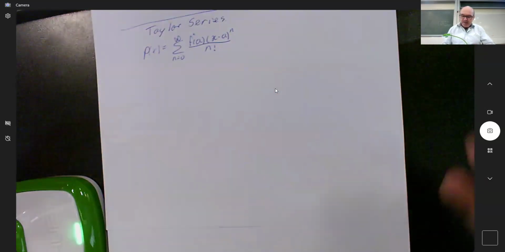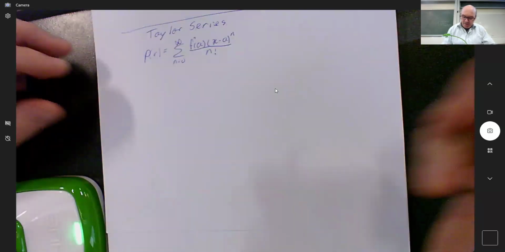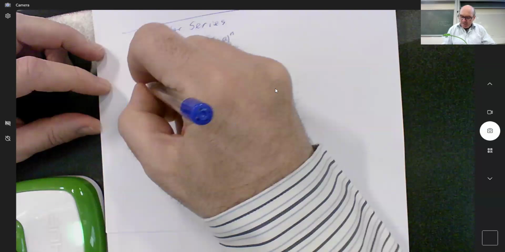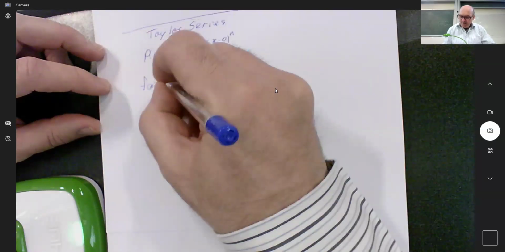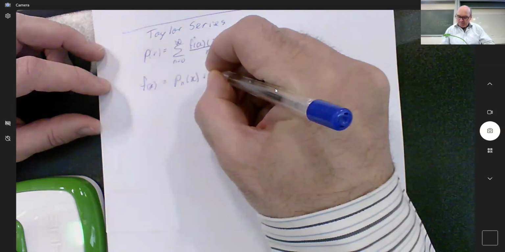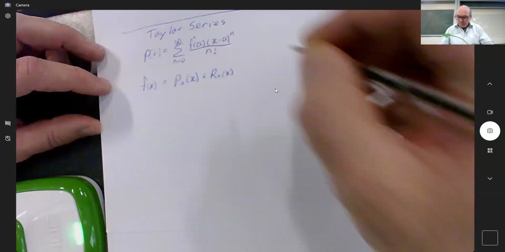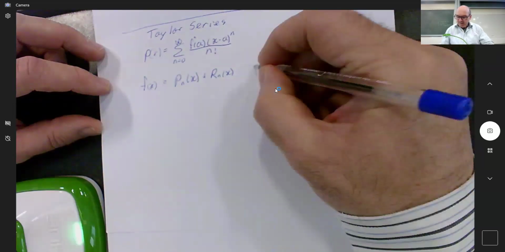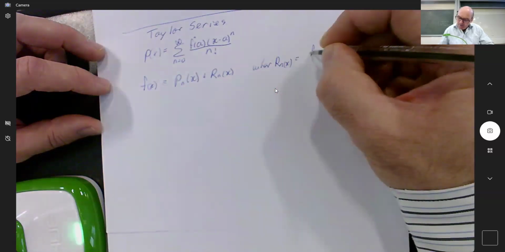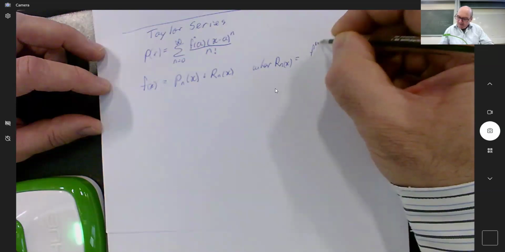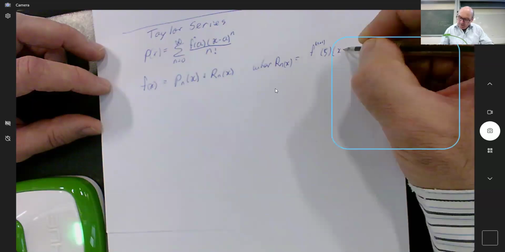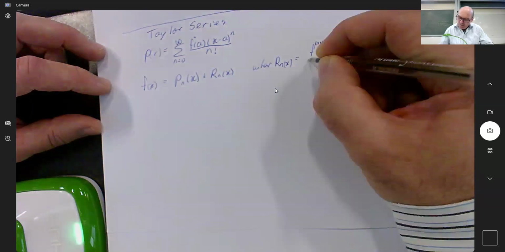And Taylor actually showed that f of x is equal to Pn of x plus Rn of x, where Rn of x is equal to the (n plus 1)th derivative evaluated at xi, times (x minus a) to the power n plus 1, over (n plus 1) factorial.